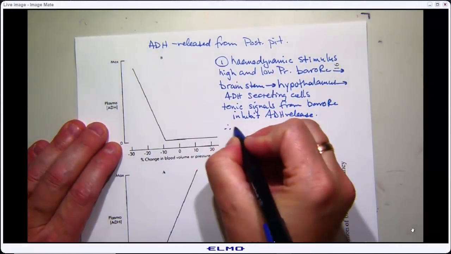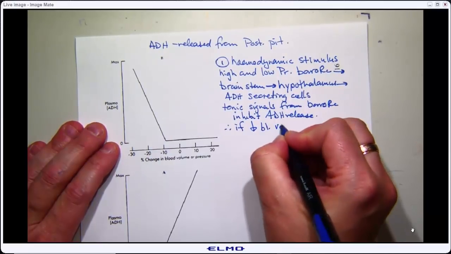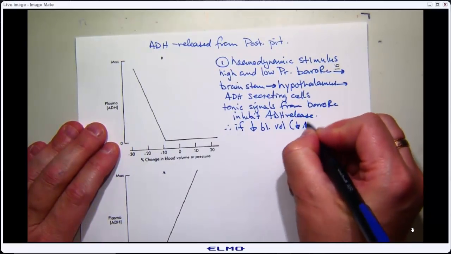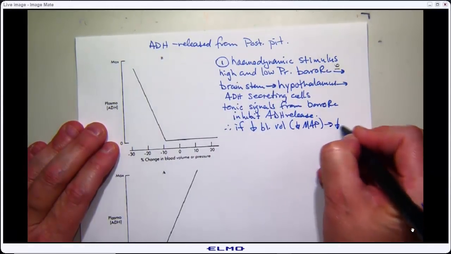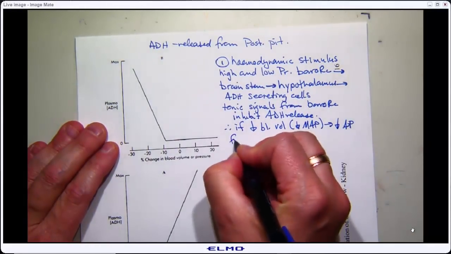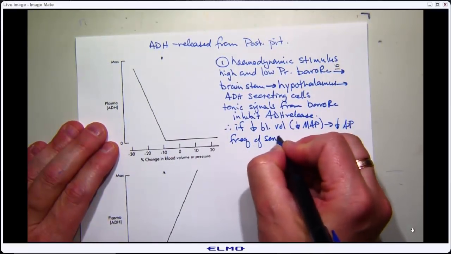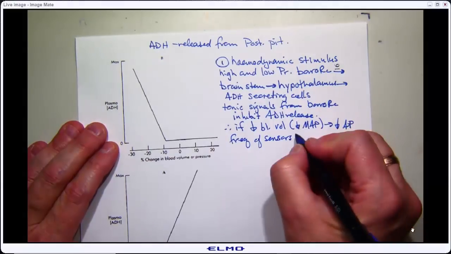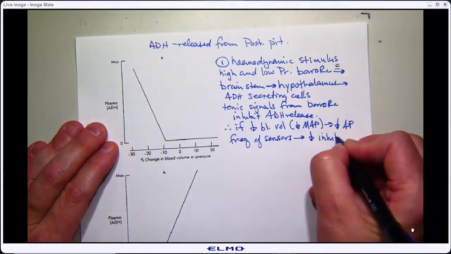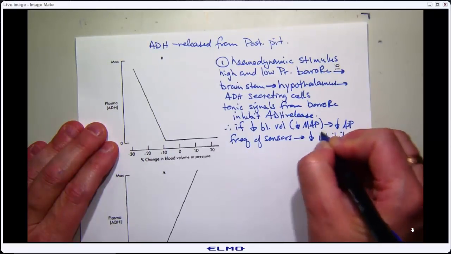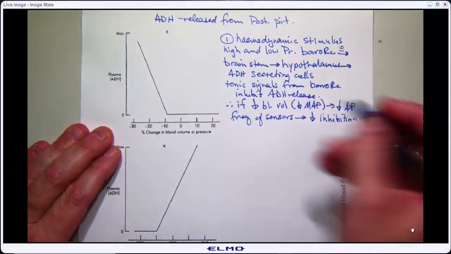So if I decrease blood volume or decrease mean arterial pressure, I'm going to decrease my action potential frequency from the sensors. That's going to decrease inhibition, and increase ADH.